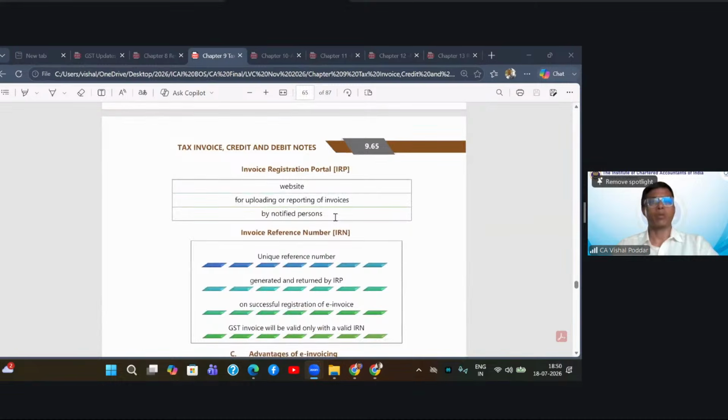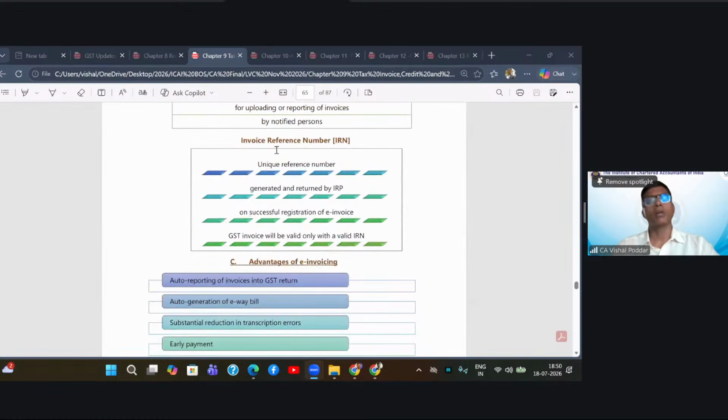Correct? Now, you have to visit the invoice portal, which is the IRP portal. There are multiple portals made. Then over there, you have to upload the relevant details of the invoice and it will get registered over there, and then that will become an e-invoice.